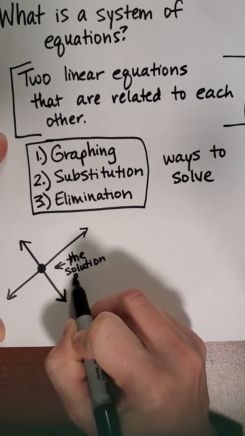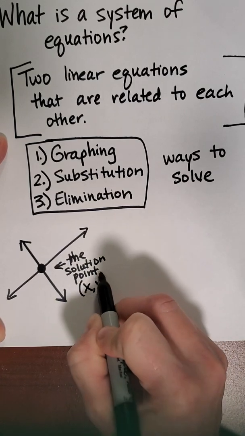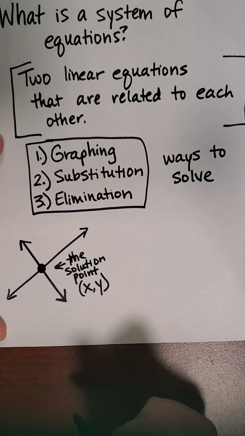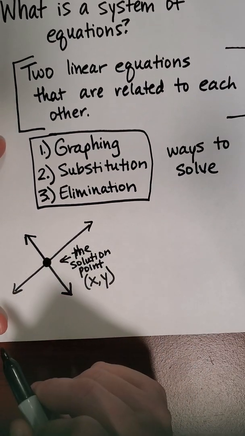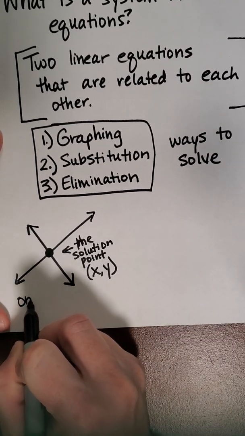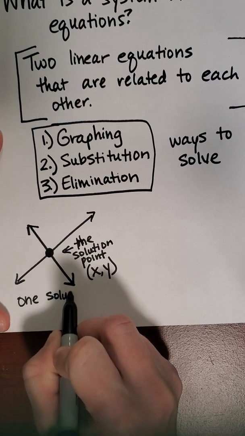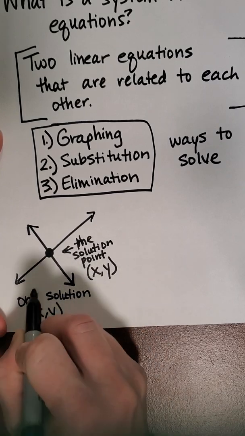So anytime that you are asked to find the solution, it needs to be an XY coordinate. Okay? So if there's just one point of intersection, which is the solution point, then that means that there is the option of having one solution. And again, it is an XY coordinate.